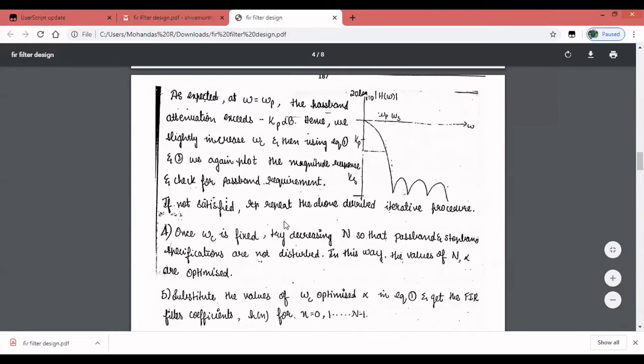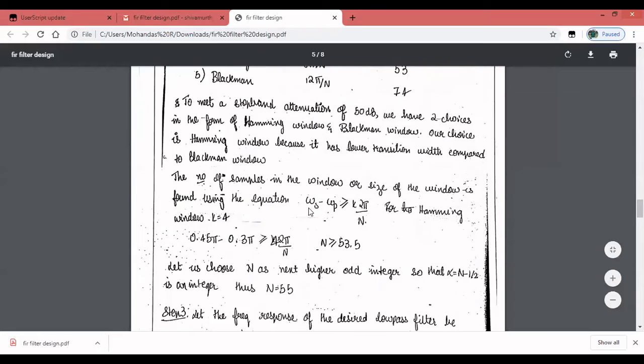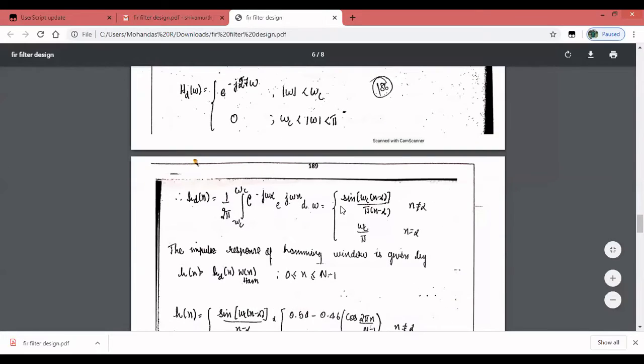It holds for n not equal to alpha, and for n equal to alpha, we know it becomes omega c by pi.